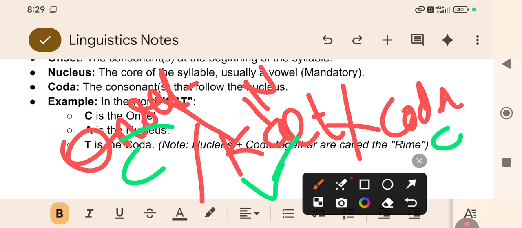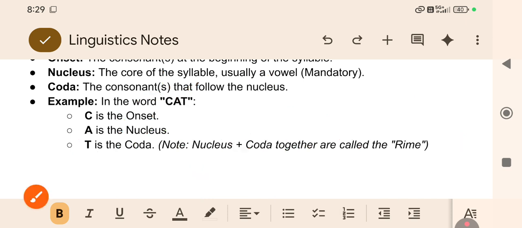So the consonants before the vowel, one consonant, two consonants, whatever, are known as onset, the consonants after the vowel are known as coda, and the vowel is called the nucleus of the syllable. So these are the different parts of the syllable.